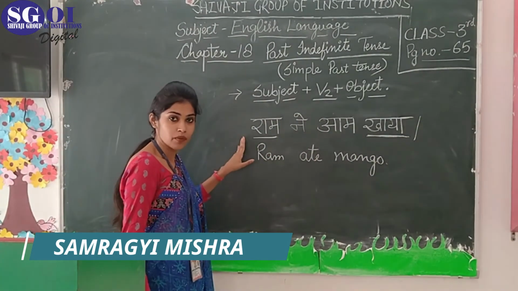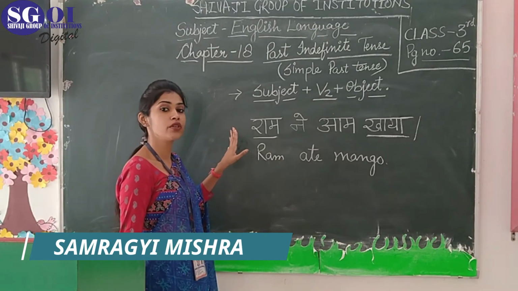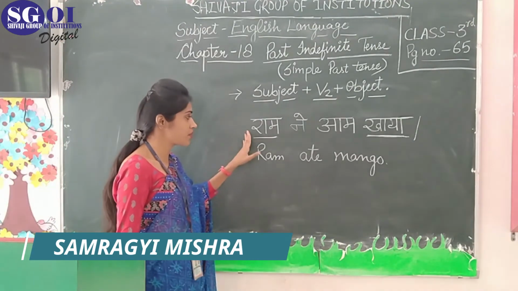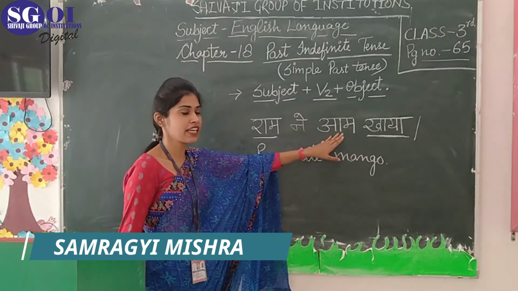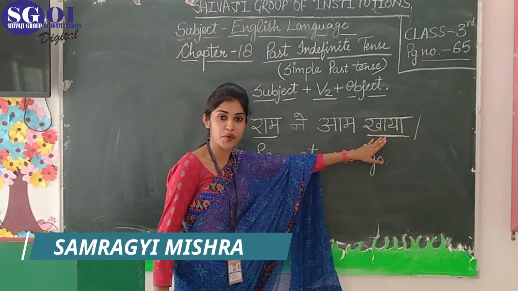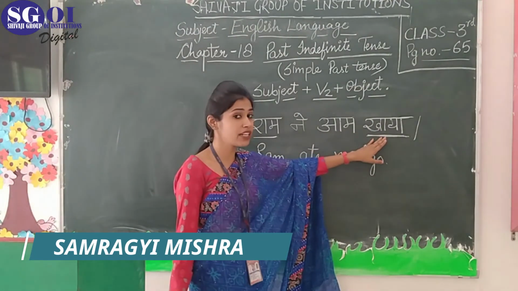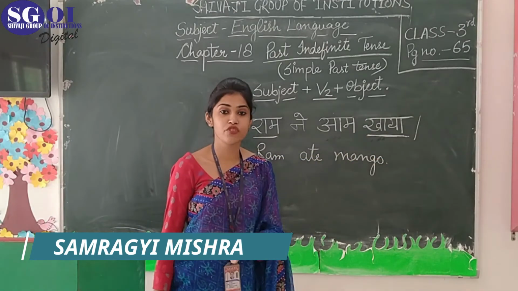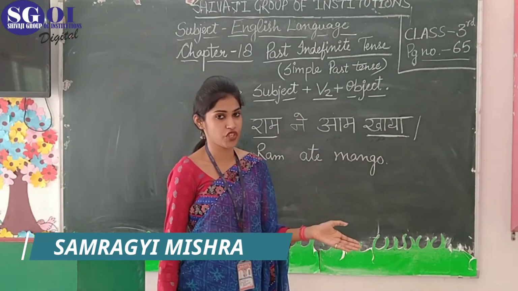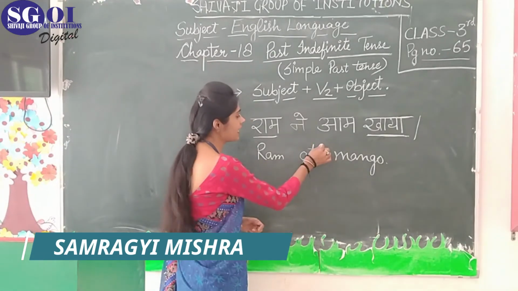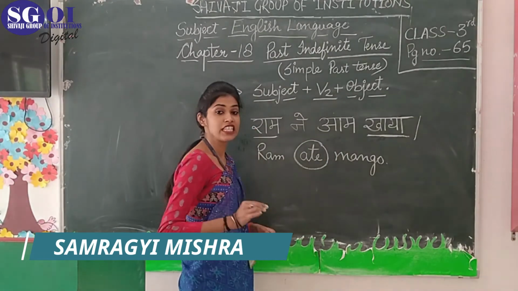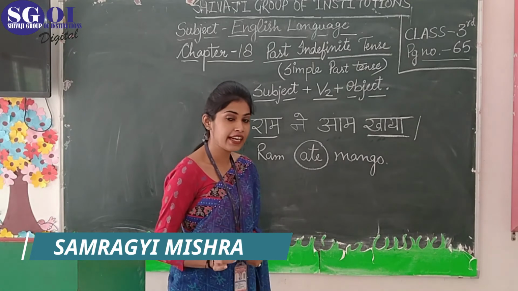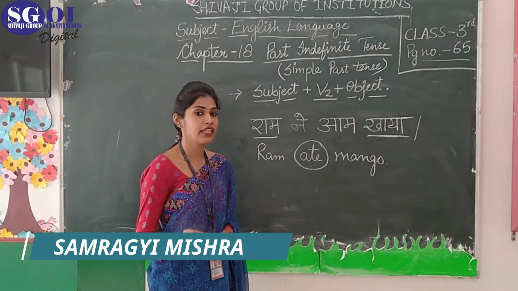Ram is subject because there is a talk about Ram. Ram is subject, mango is object, and ate is verb. Now I hope you understand about subject, verb, and object. Okay, and it is the second form of eat.